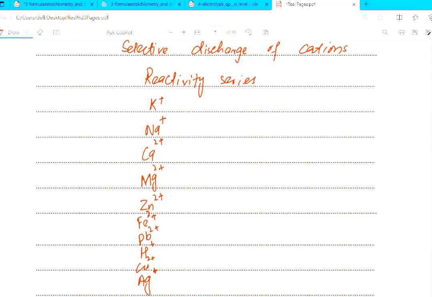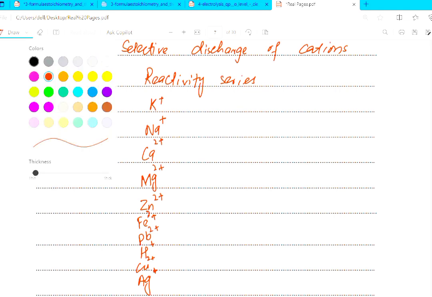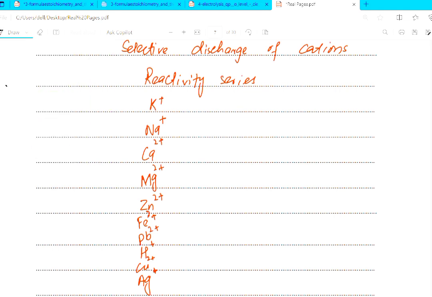So let me tell you what we are going to study over here. This is a reactivity series. It means the top one is the most reactive, and it will be ionized very quickly. That's why it is at the top of the reactivity series. Then sodium releases its electrons after potassium, so it is second. So the reactivity decreases from top to bottom.